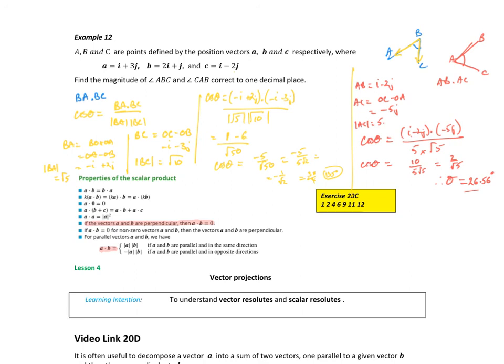So that makes A dot B equal to 0, because the only way the dot product can be 0 is if cos theta is 0. Constants can come out the front. Order is not relevant. A dot A is the magnitude of A squared. And the big one: A dot B equal to 0 means the vectors are perpendicular.